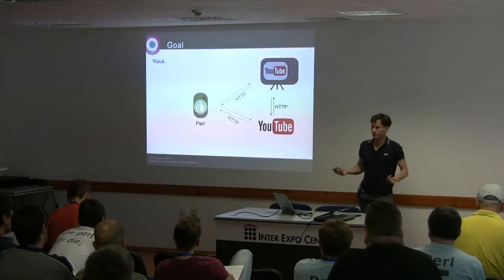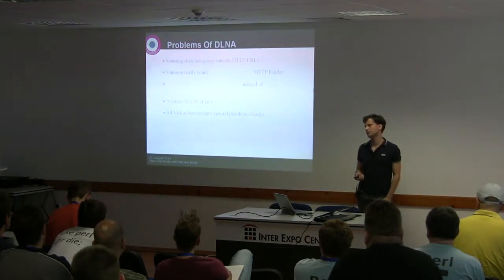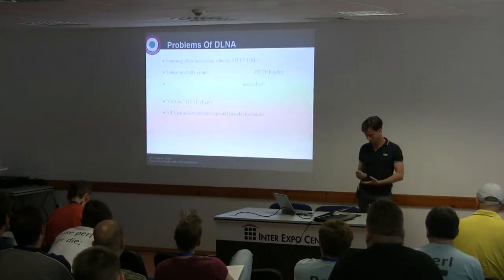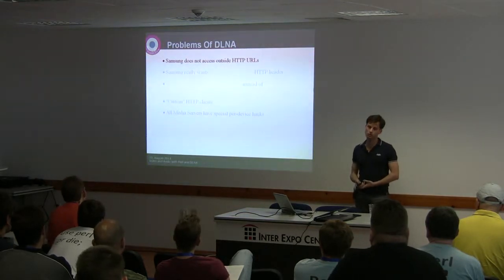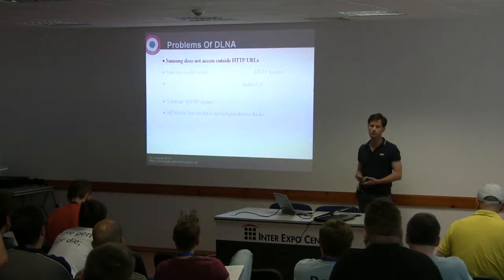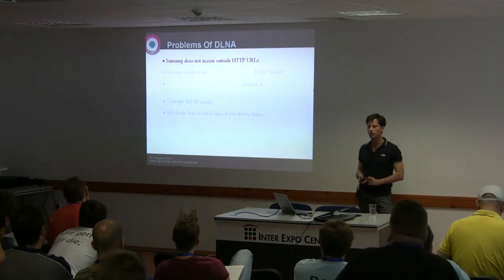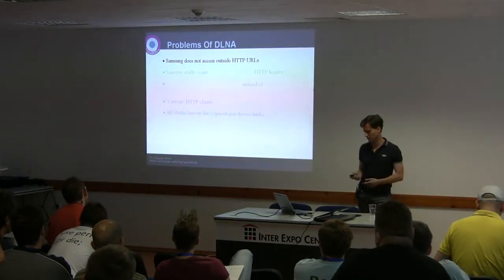That sounds very easy, but it's surprisingly nasty, because my Samsung TV does not want to talk to addresses outside of the network segment. It doesn't request anything outside of 192.168.whatever.